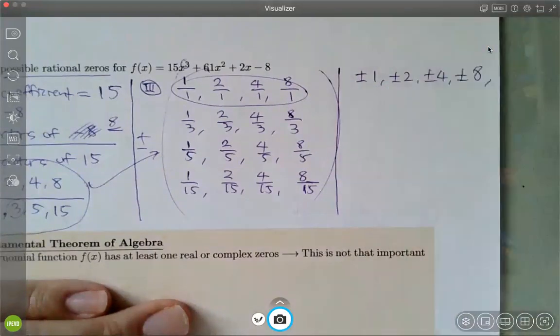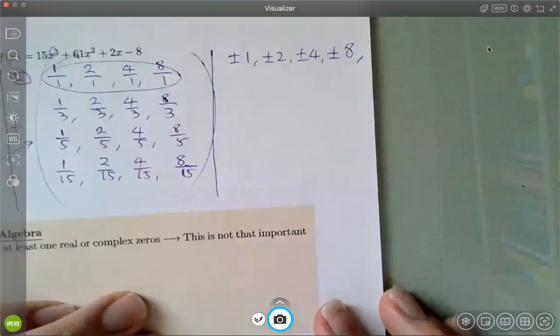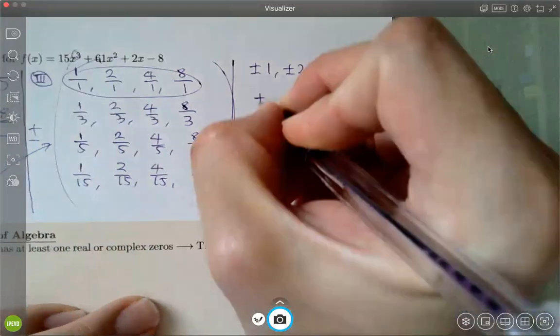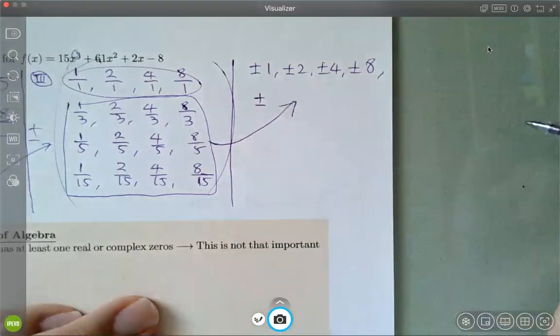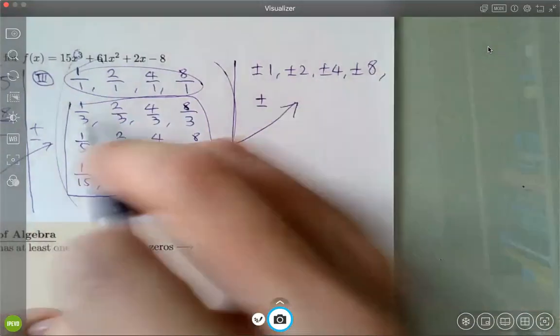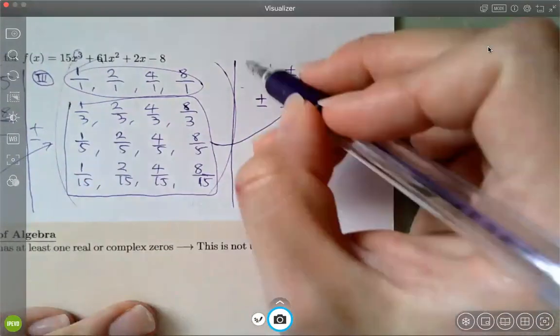And then here, let me be a little bit sloppy. It's plus minus all of that. Again, I'm being kind of sloppy, but it's plus minus 1/3, plus minus 2/3, and so on. Okay, so that's the answer.